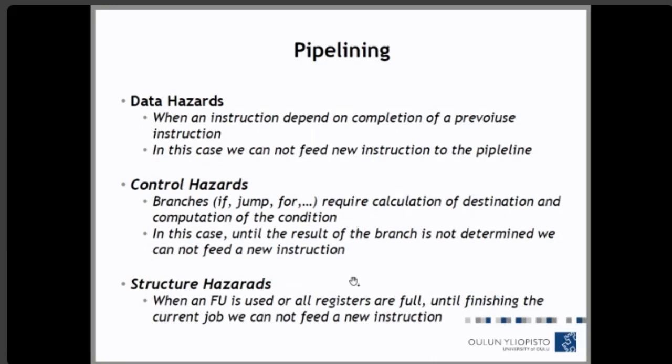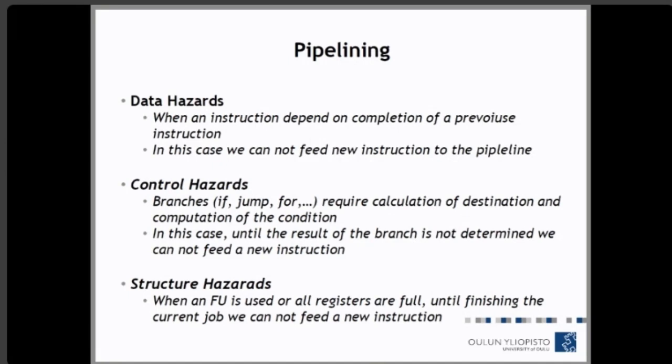So as I mentioned, in data hazard, the situation is that for computing this current instruction, you need results from previous instructions that are unfortunately still within the pipeline. They are not finished. They haven't got out of the pipeline yet. For example, you want to add a value to some other value.